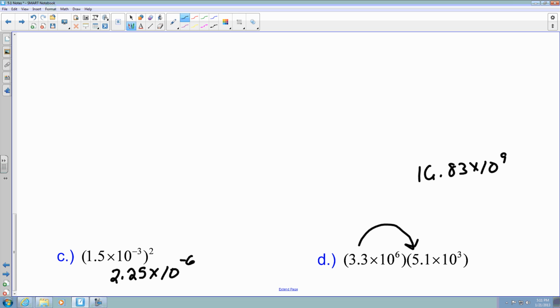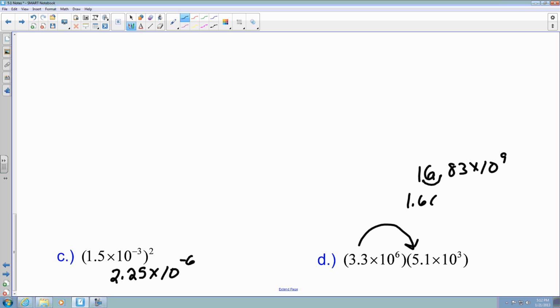The problem we have is that 16.83 is greater than 10, so I need to get it to be a value that is greater than or equal to 1 but less than 10. So I'm going to move this decimal point over so it's 1.683.